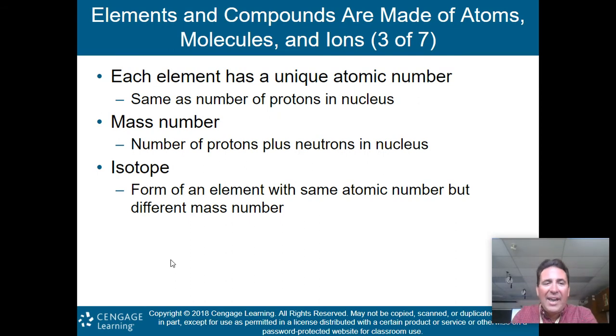Now, this is important, and I'm going to give you one reason why. Apparently, carbon has different isotopes, and the carbon that comes out of volcanoes has a different mass number than carbon that comes out of factories, out of smokestacks.